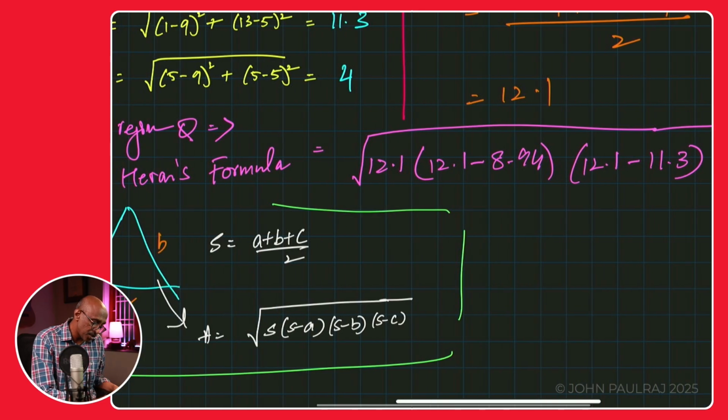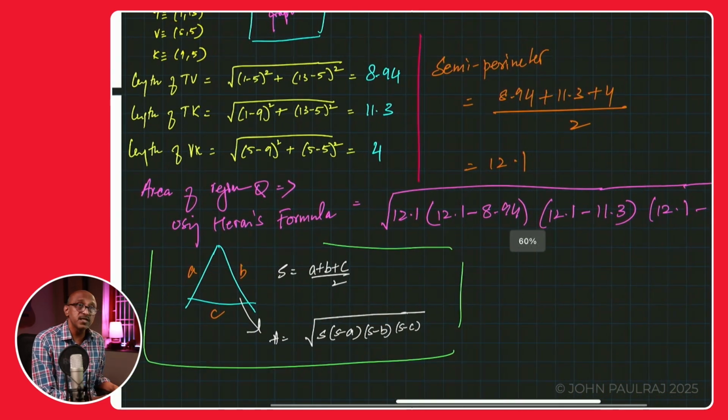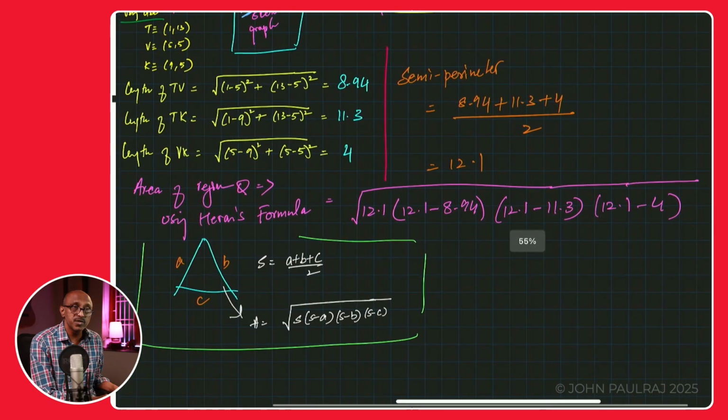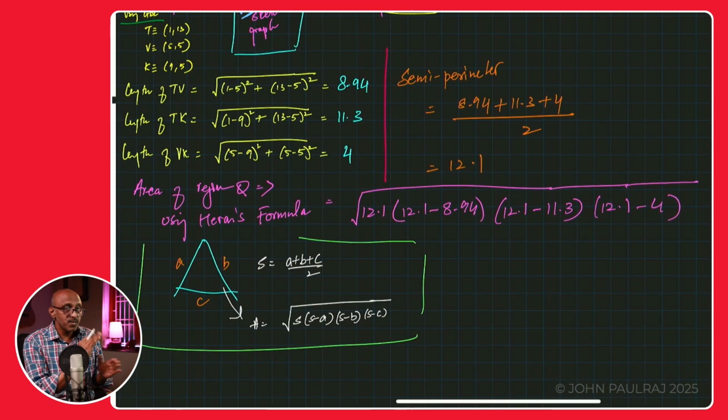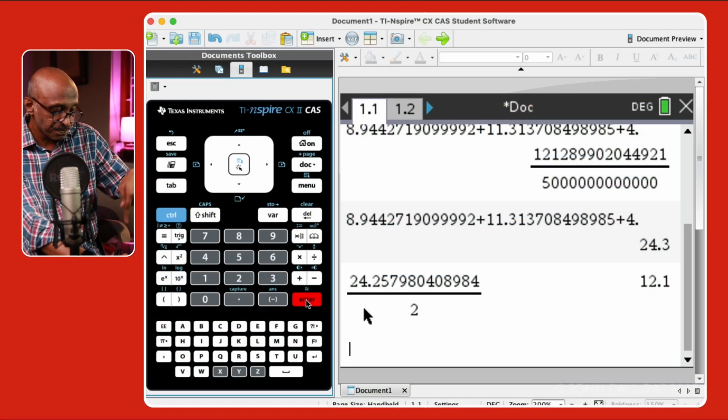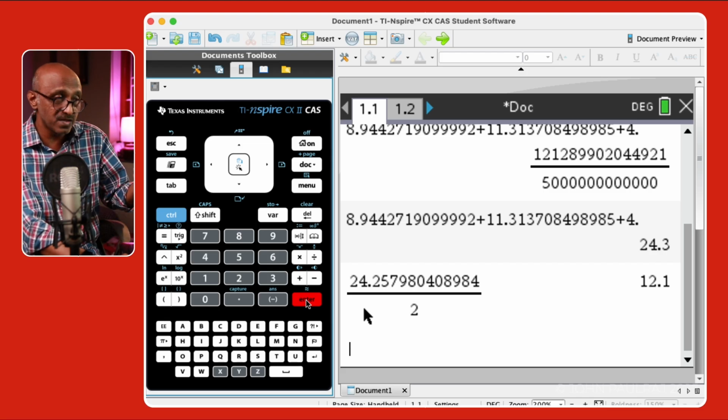This is a good habit to show the substitution. I hope you can see all of this. Once you enter it there, you get the area of that region R. I'm going to write it there. Be careful how you enter; another reason for writing it down is that you have something to check against when you're entering.